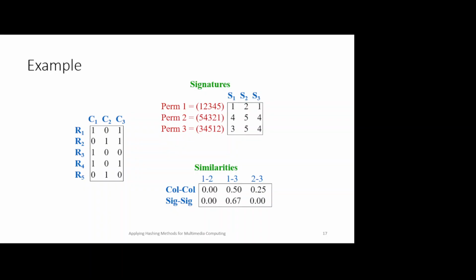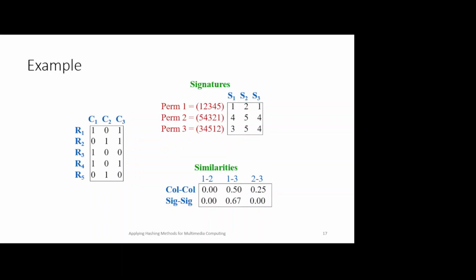Then we check the second column, document 2. We check from R1, it's 0. R2 is 1, so we put the min hash value 2. And for document 3, R1 is 1, so its min hash value is 1. This is the first computation.